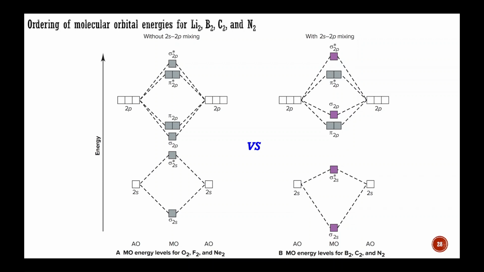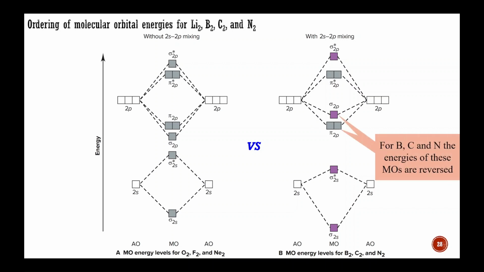For these elements, some sp interaction does take place, resulting in changes in the relative energies of the sigma 2p and pi 2p molecular orbitals. Although energies of several of the resulting molecular orbitals change, the most important change is that the energy of the sigma 2p orbital becomes higher than that of the pi 2p orbitals.